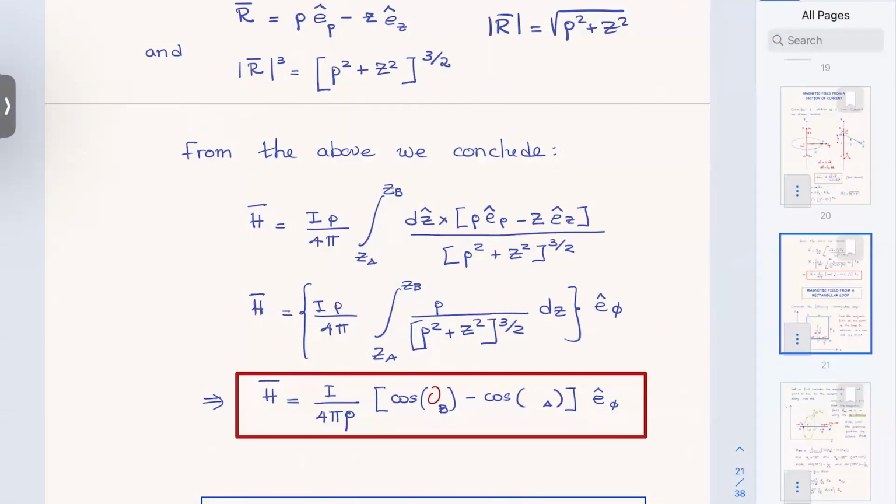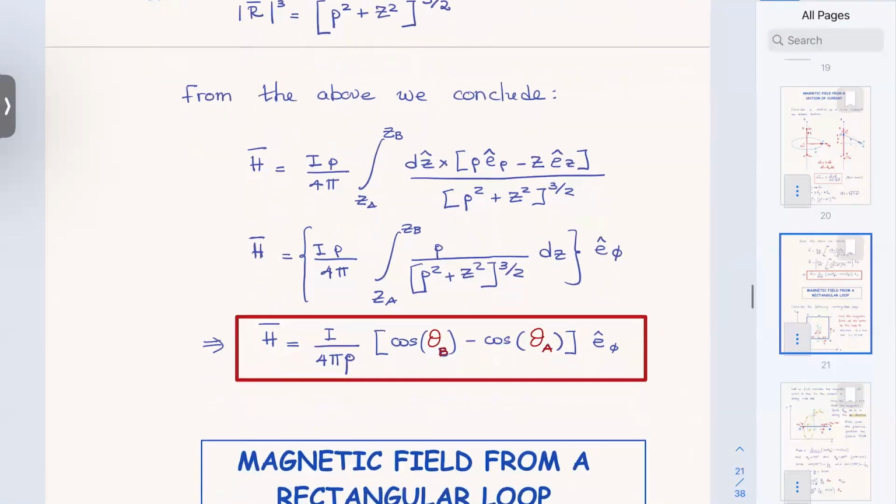I'll put them here in red, so you remember that you have to check for the specific way we define them.